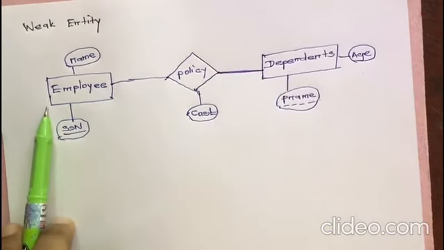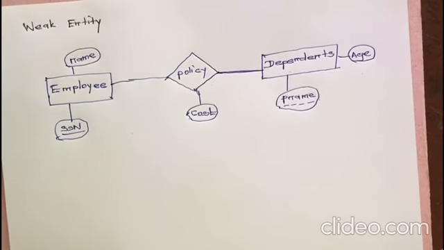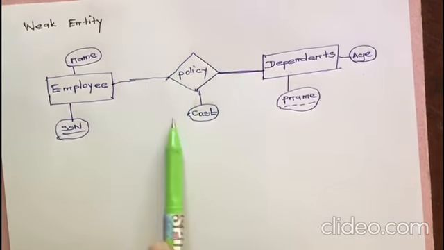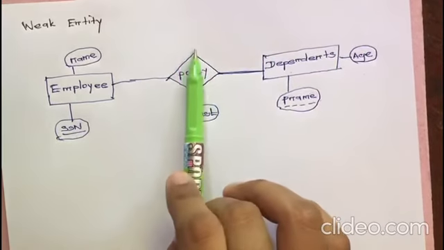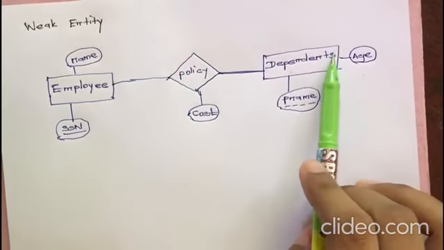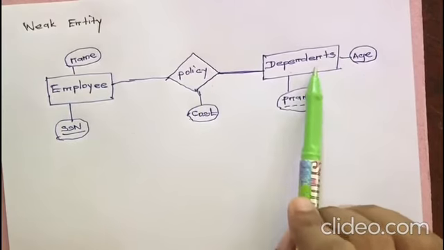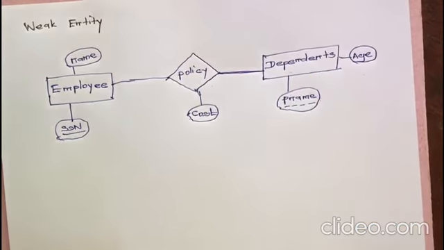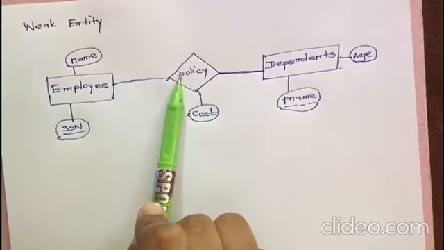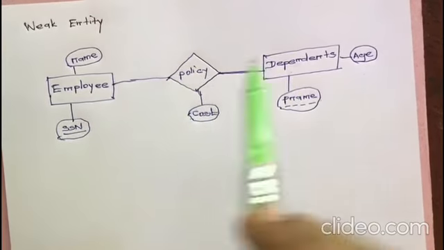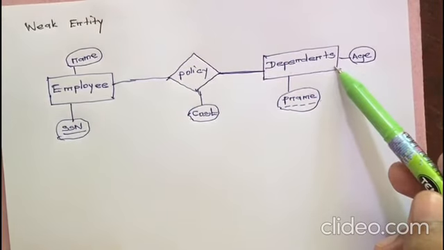But if the employee terminates the policy, we need to delete the entire information about the policy and dependents. So here the dependent has a total participation with the policy. If there is no policy, there is no dependent.